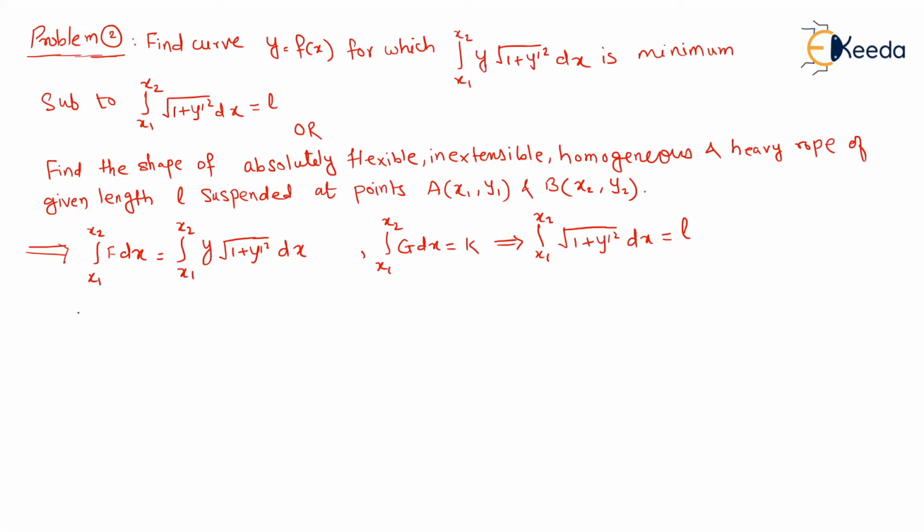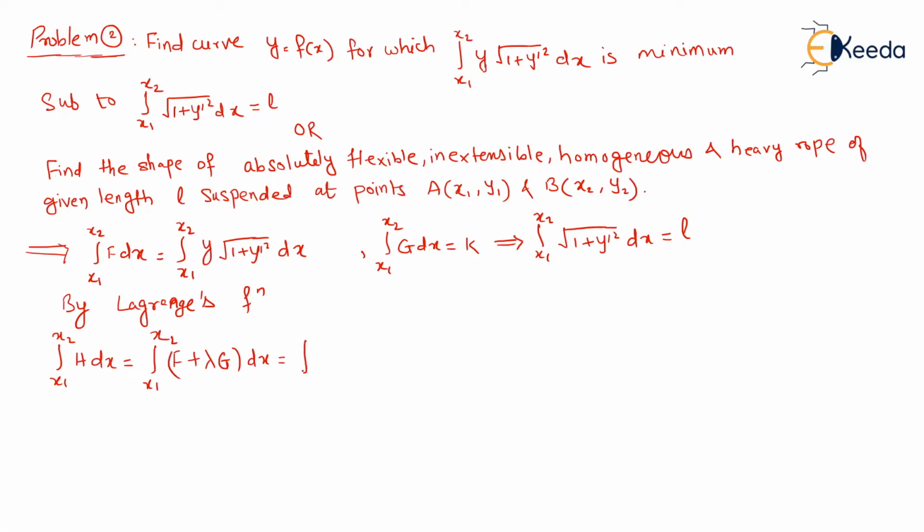So first of all we'll form Lagrange's function. And what is the Lagrange's function? The integral from x1 to x2 of h dx, that will be equal to the integral from x1 to x2 of f plus lambda g into dx.